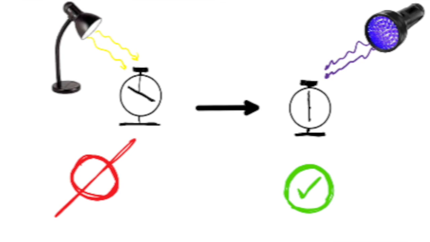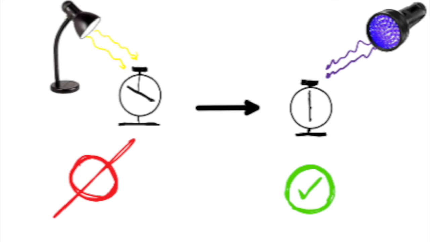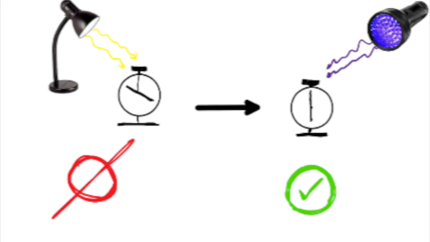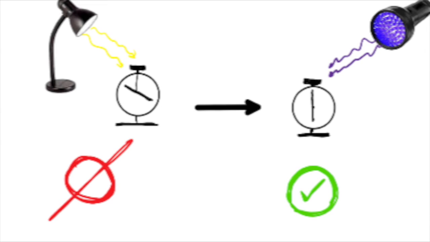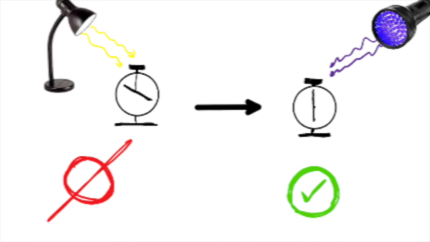We can then try to remove the charge, or the electrons, by shining a desk lamp on the plate. In this scenario, nothing happens because the energy from the light, or the electromagnetic radiation, isn't greater than the work function, or the binding energy, to cause the electron to release.